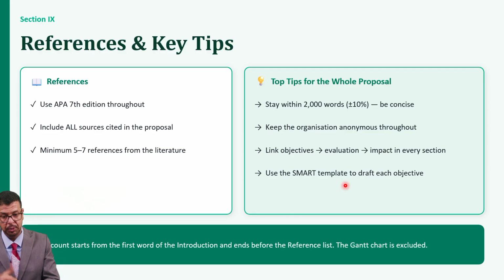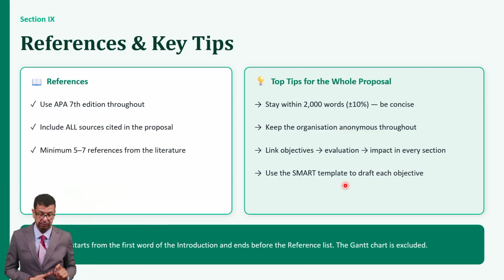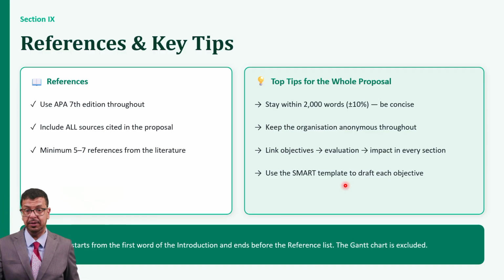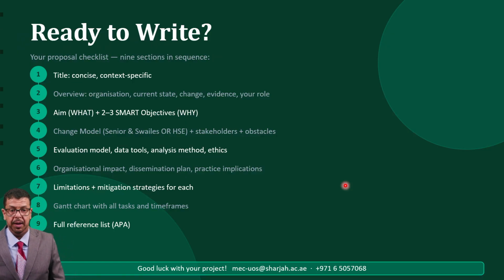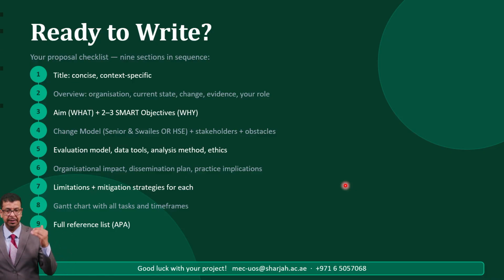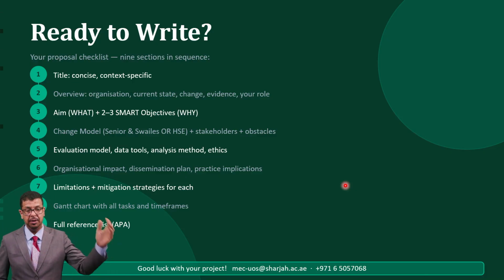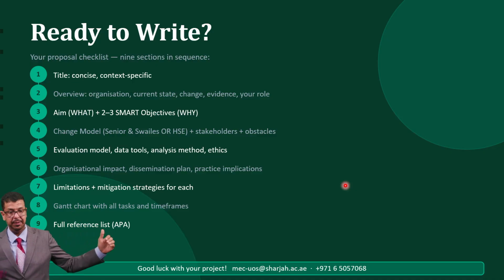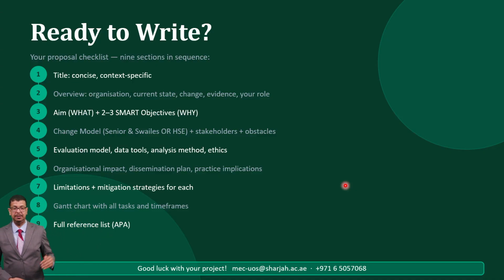And we have shown you this SMART template and formula for designing and writing your research objective. Use this checklist for the title, for the overview, for the aim, for the model, for the evaluation models, organization impact, dissemination and practice implication, limitations, the Gantt chart, and the reference list.